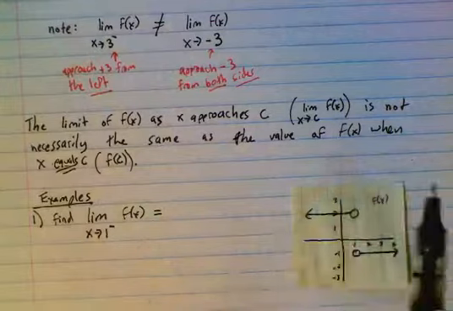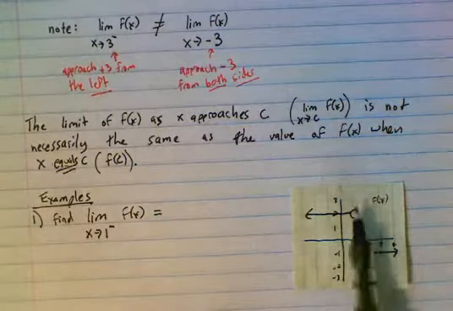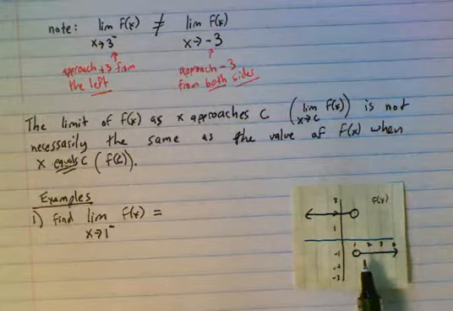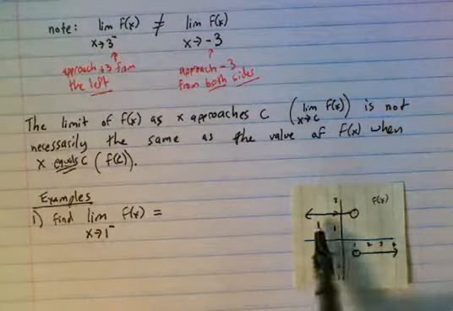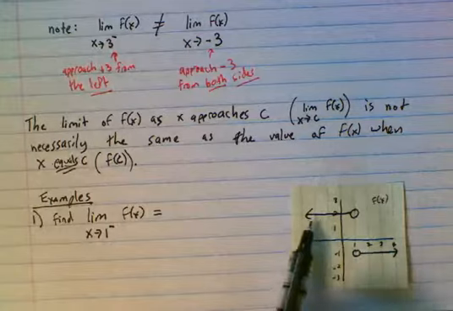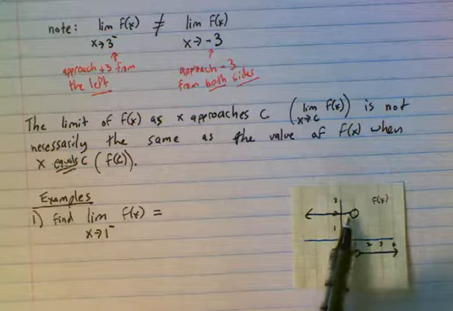So I'm going to look right here at 1 and notice that when x equals 1, there is no value for f of x. What this is asking is, if we're on this curve on the left-hand side and we're getting closer and closer and closer to where x equals 1, what does y want to be?